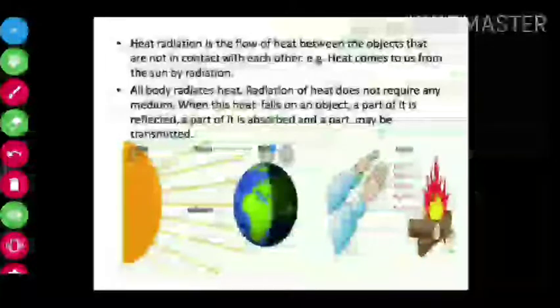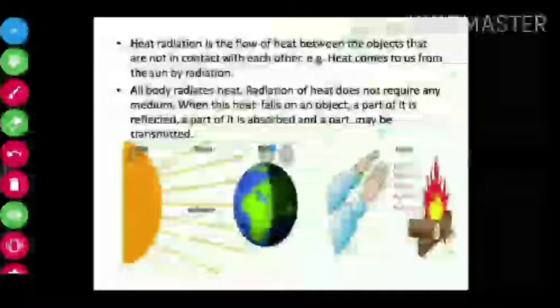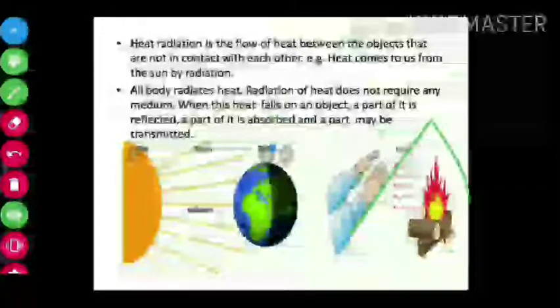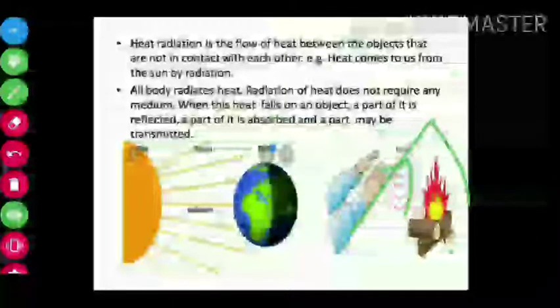You have already studied reflection. Reflection is what? Bouncing off. It means when you throw a ball, it comes back. So it is bouncing. Like that, heat can bounce off, or heat can reflect. It can go and come back again.